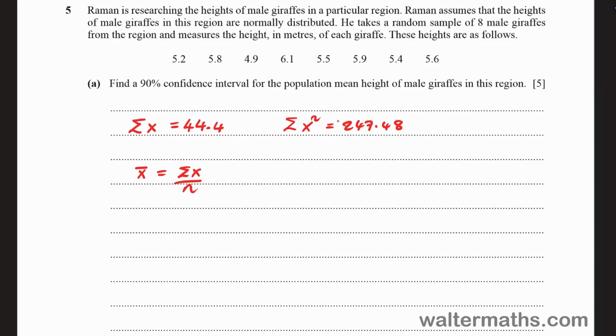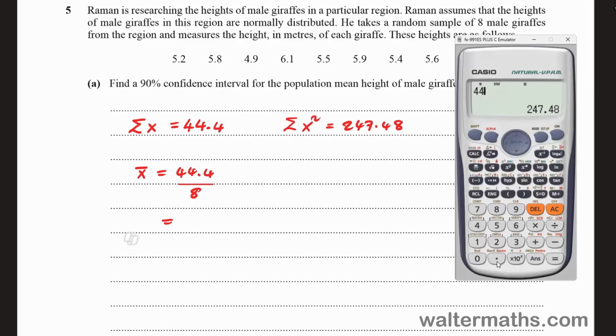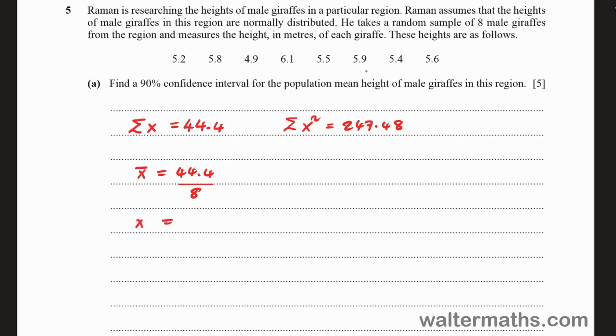In this particular case, that's going to be 44.4 divided by the sample size, which is 8. And we're getting here 5.55. So we have x bar being equal to 5.55.